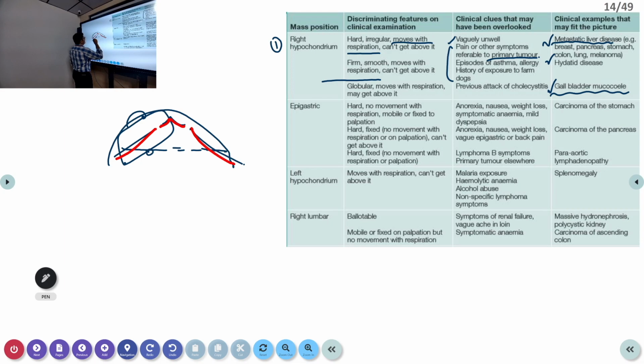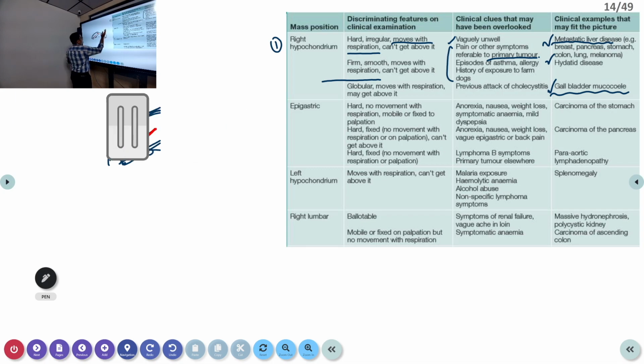So this will be the diaphragm above. This is the liver. Then here the spleen will be there. I'm not very good at drawing anyway. So we will just draw this and the diaphragm here.